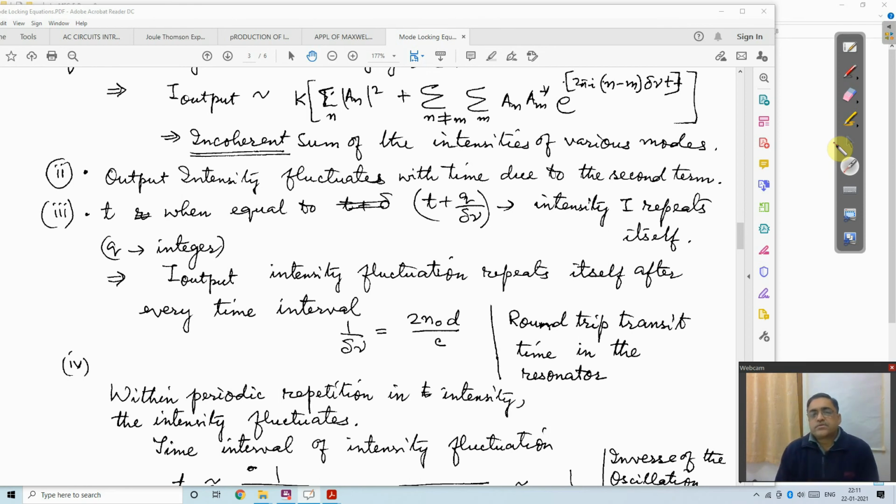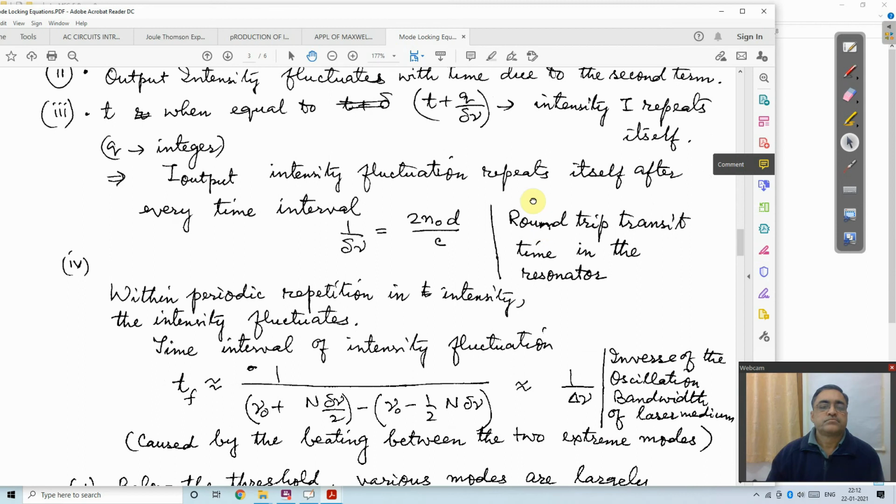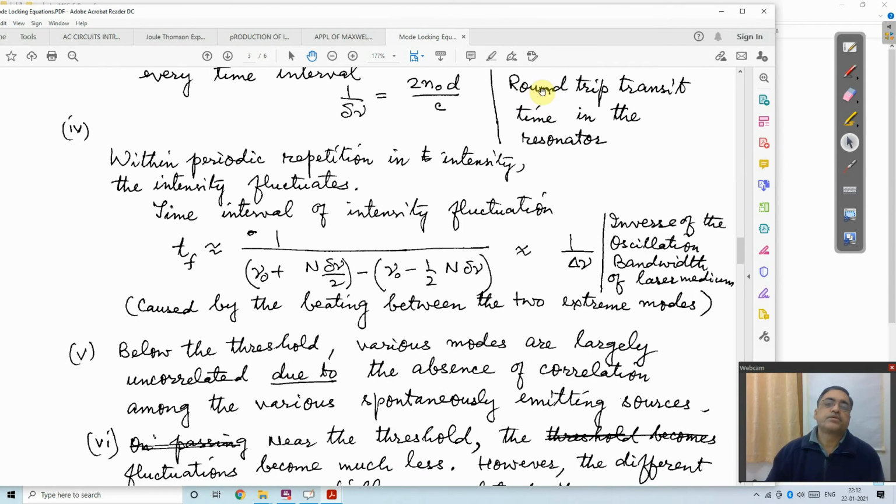So the intensity fluctuations repeat themselves after a definite time interval. With periodic repetition in intensity, the intensity fluctuates, and the time interval of such intensity fluctuation is synonymous with the formation of beats in sound waves.